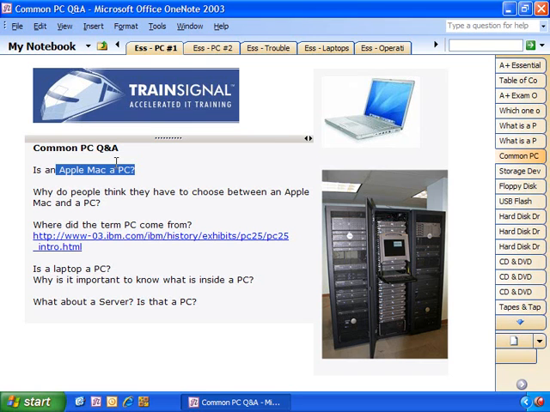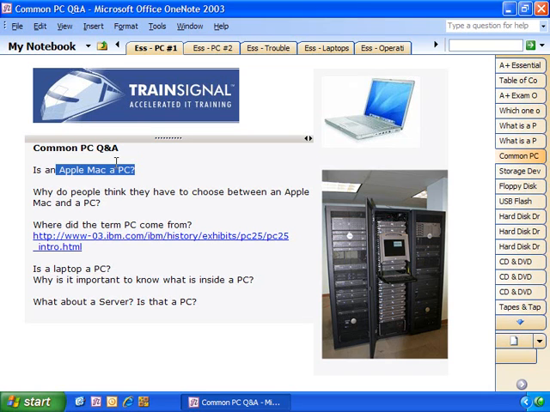Now, usually when people are talking about Apple versus PC, they really mean Apple versus Microsoft or Apple versus Windows. Today, Apple computers actually have Intel processors, the same processors that computers that run Windows run. And you can even boot up an Apple computer with Windows, or you can run Windows inside the Apple Macintosh operating system.